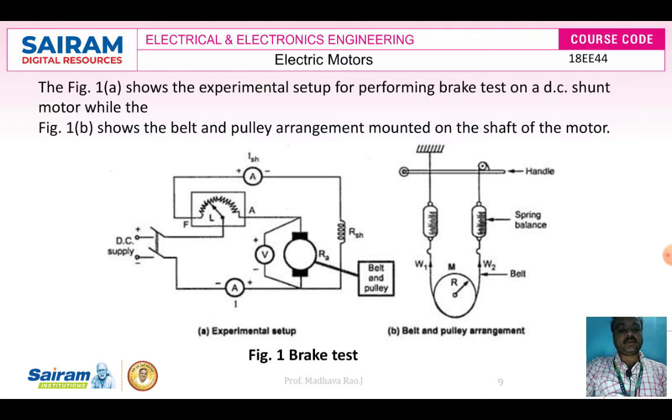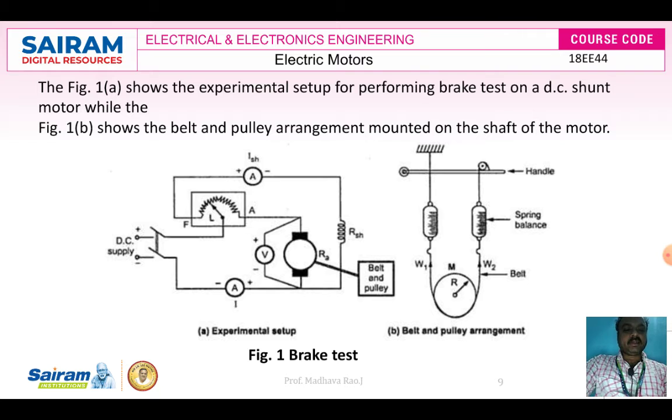We have two weight measurements here, W1 and W2, and R is the radius of the brake drum. W1 is fixed and W2 we can vary using the handle or the adjustment ring.